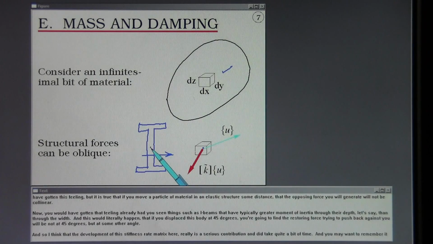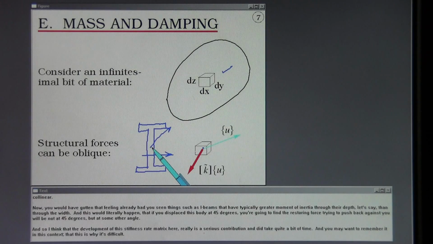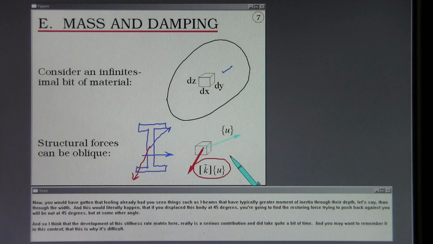And this would literally happen, that if you displace this body at 45 degrees, you're going to find the restoring force trying to push back against you will be not at 45 degrees, but at some other angle. And so I think that the development of this stiffness matrix here really is a serious contribution and did take quite a bit of time. And you may want to remember it in this context, that this is why it's difficult.